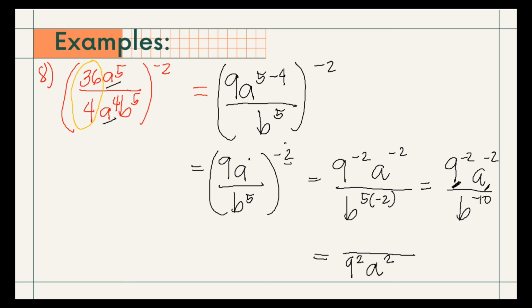And then, b raised to negative 10, negative ang exponent niya at nasa denominator siya, lipat natin siya sa numerator. Pero kapag example, walang natira sa numerator, lagyan lang natin ng 1 sa taas. Okay? Then, simplify, we have b raised to 10 over 9 squared is 81, and then a raised to 2. So, this is the final answer.